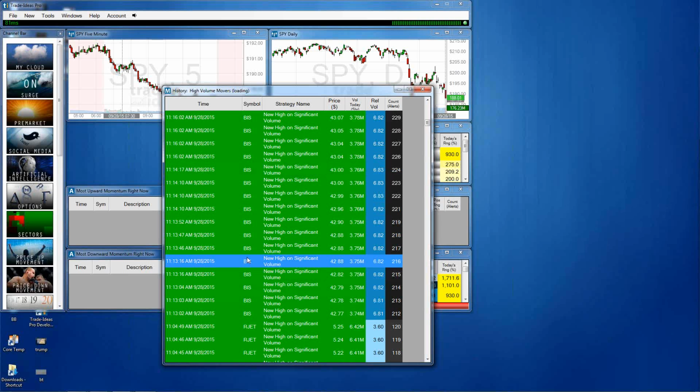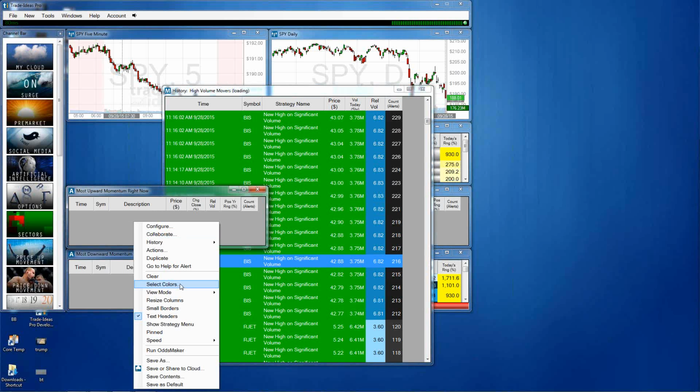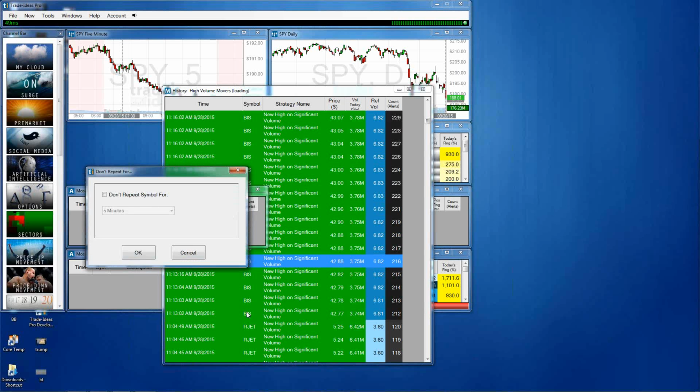Now, we do have mechanisms in place to prevent symbol repetition. We can easily pop over to the view mode, like so. And if you ever have an alert window that is spitting out too many duplicates, we can always throttle that by just checking this little box here and saying don't repeat for 1 minute, 5 minutes, a day, don't ever repeat.